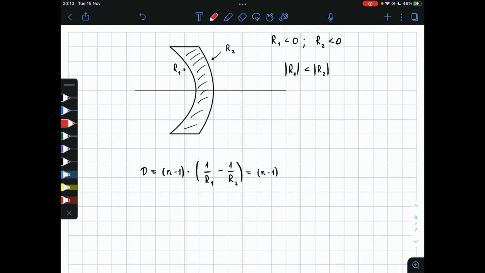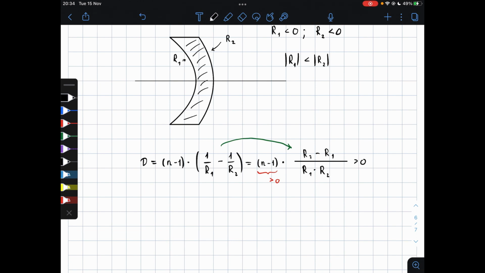We know that this is bigger than 0, and this one we can write as R2 minus R1 over R1 multiplied by R2.